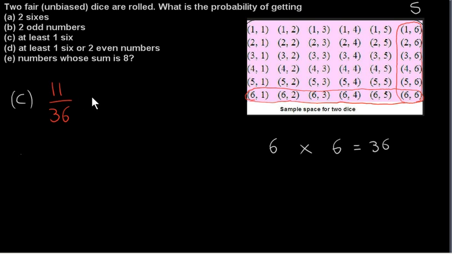We could arrive at this probability by considering these two sets. This set here represents the event that the first die shows a 6, and this set here represents the event that the second die shows a 6. So we want the probability of this event or this event here. Let's just call this event E1 and this one E2.